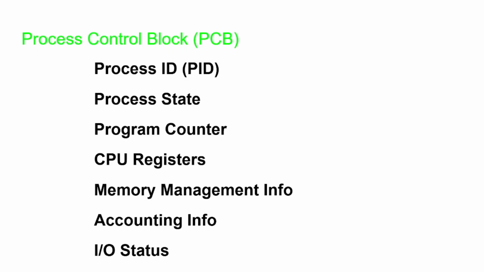IO status, and the list of open files and devices. Whenever the process is suspended or resumed, the OS refers to the PCB to save or restore its data. That ensures process isolation, meaning a process cannot affect another's memory or data.